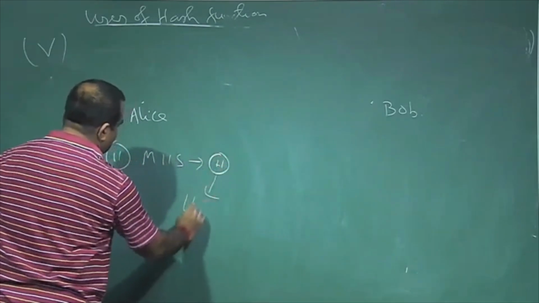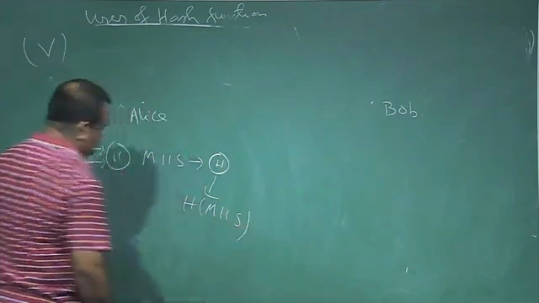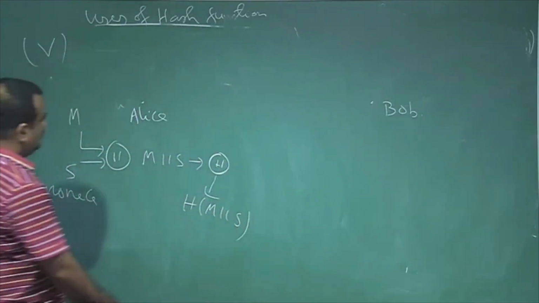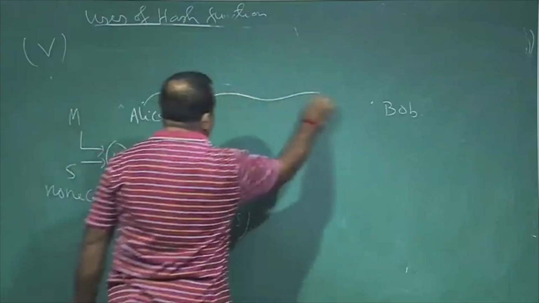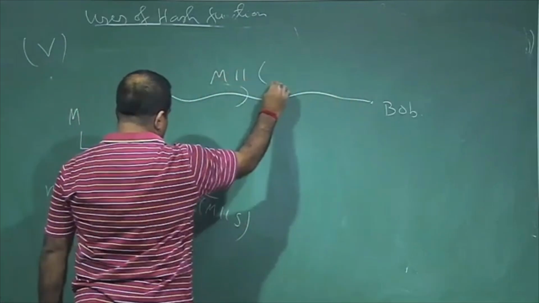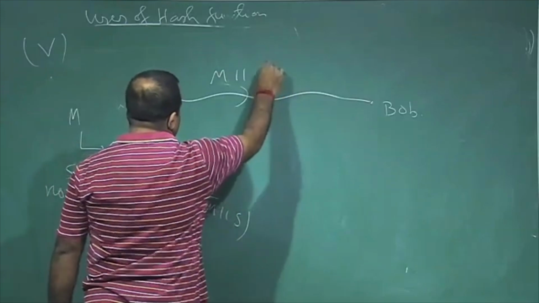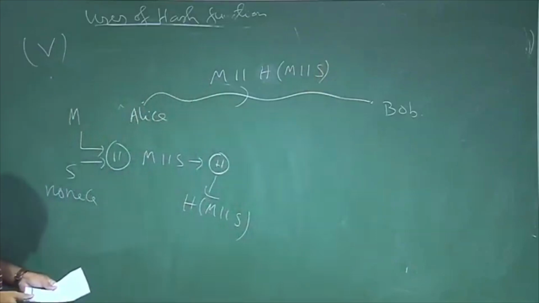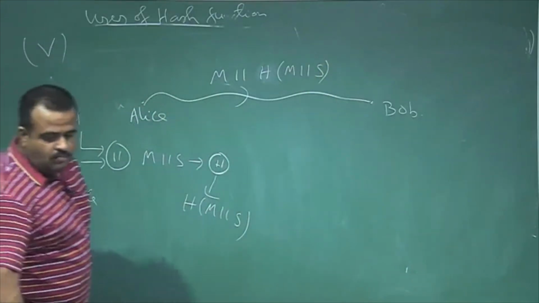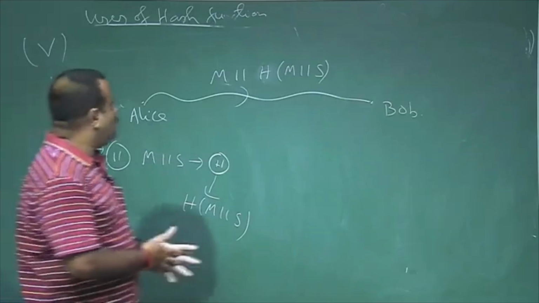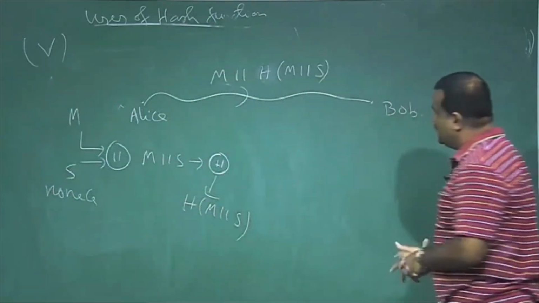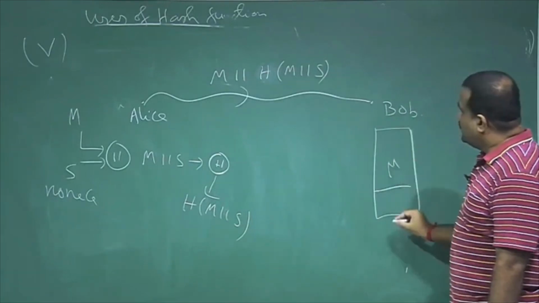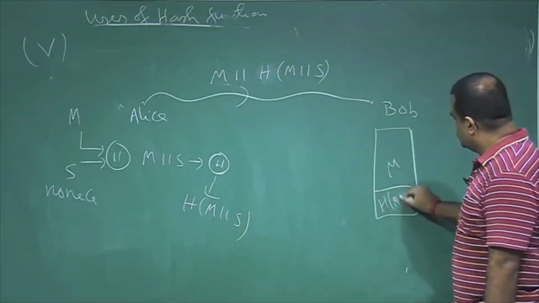This will give us H of M, S. And then along with the message, M concatenated with H of M, S, we are sending to Bob. Okay. So now how will Bob get back the message? How will Bob authenticate that this message is coming from Alice? Bob is receiving M along with H of M, S.